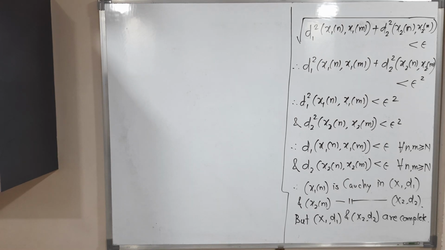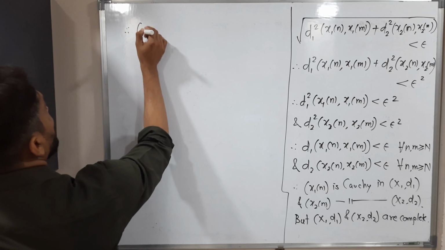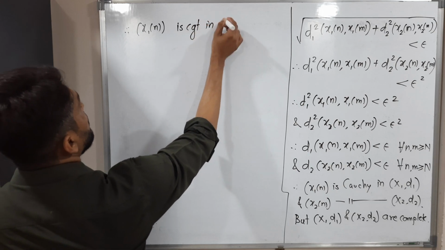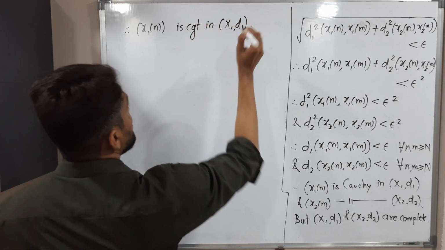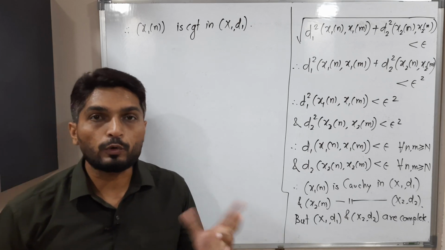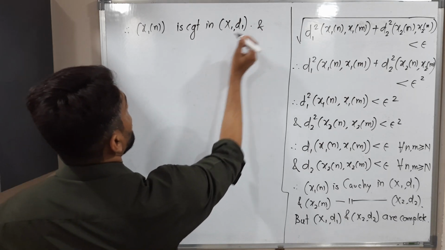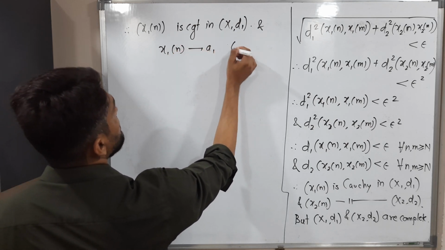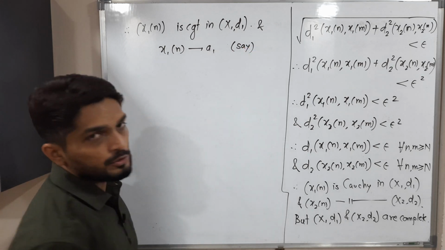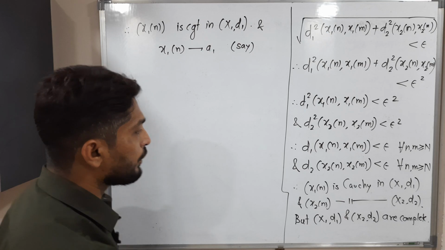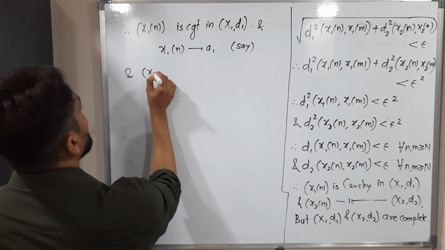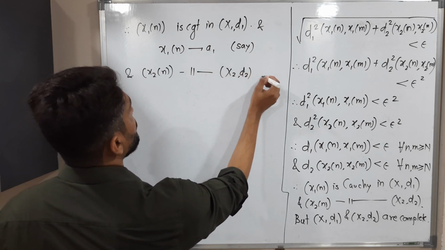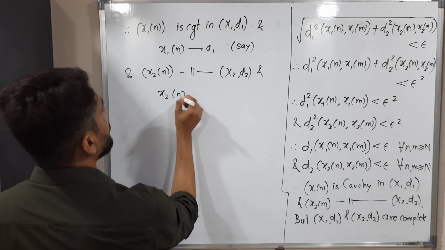So therefore I can write x1n is convergent in X1, d1. See, this is a convergent sequence, that means definitely it will converge to some point, and x1n converges to some a1. Okay, since this is not given, we are assuming it, so that's why I have written the same, and this will be true for x2n also. x2n is convergent in X2, d2, and x2n converges to a2.